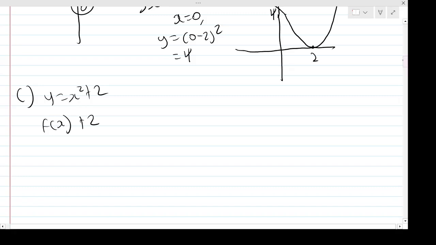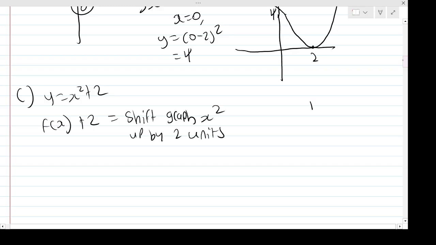So I recognise this now as what? What is this transformation representing? It's outside the function, the 2, so it's going to affect the y value, so it's going to go up or down, okay? And it's going to go up because we do what we expect, we add 2, so it's going to shift the graph up. The graph is the original graph, x squared, up by 2 units.